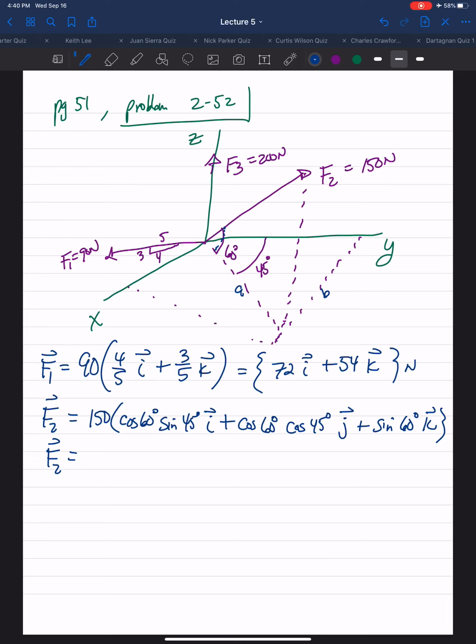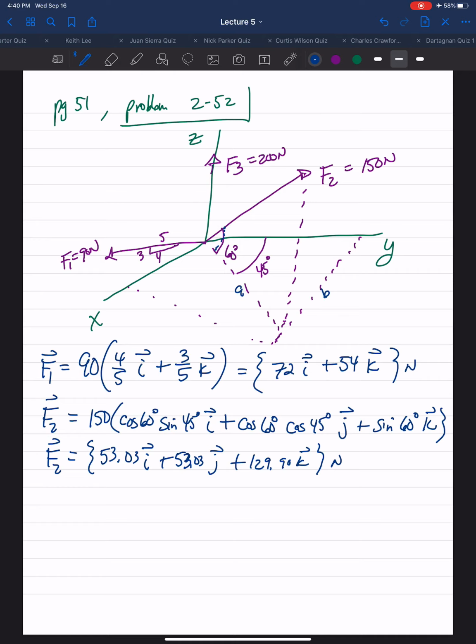Solve that out, you get 53.03 I plus 53.03 J plus 129.9 K newtons.